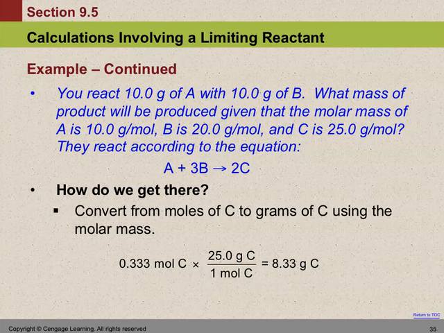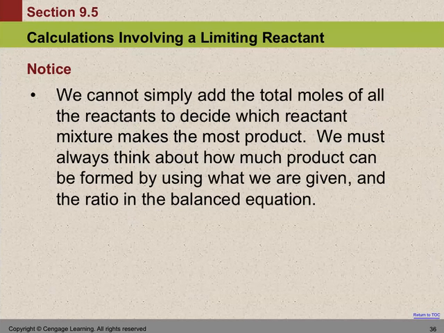Now we can convert the moles of C to grams of C using the molar mass. 8.33 grams of C. We must always think about how much product can be formed by using what we're given and the ratio in the balanced equation.